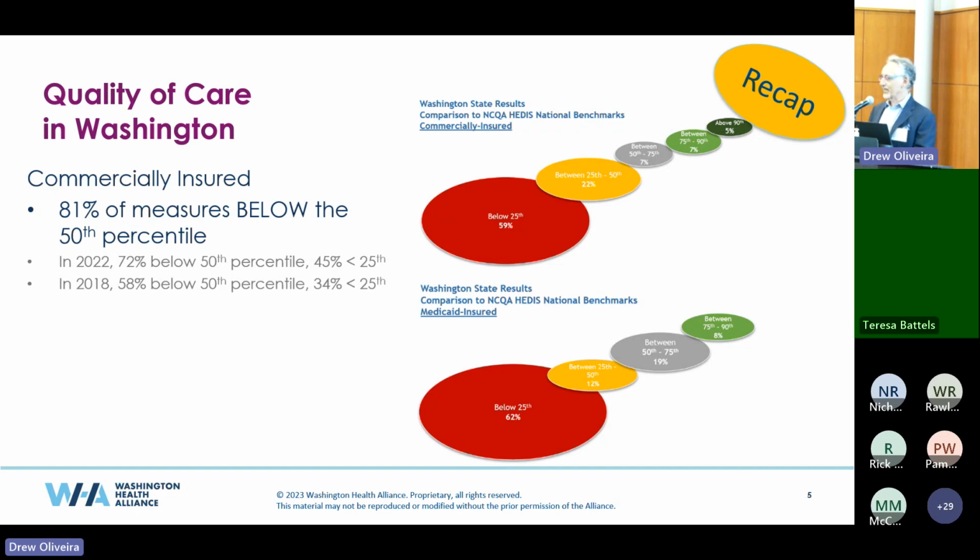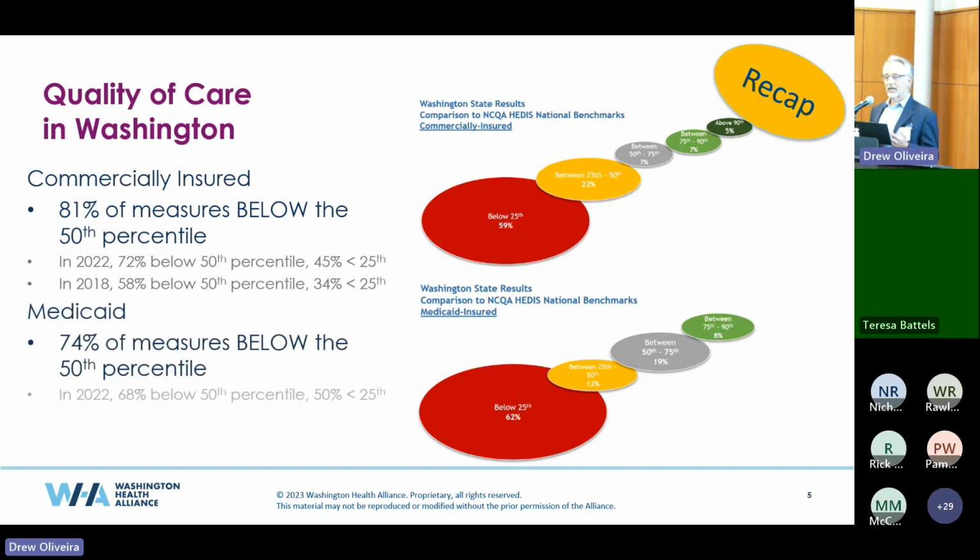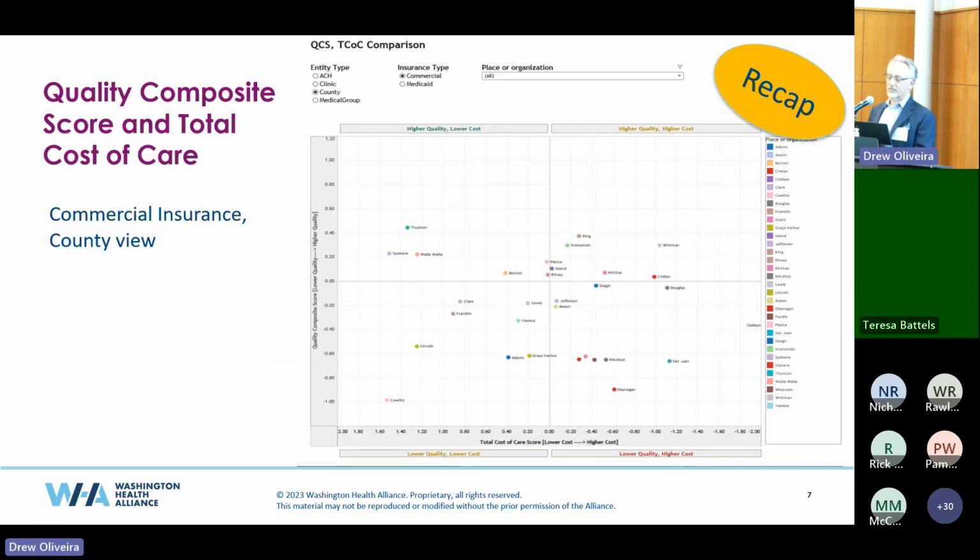On the commercial side, 81% of our measures are below the 50th percentile. Medicaid is doing a little bit better, a little bit more consistent, but still there's room for improvement in those areas. And the real question that I think the group wants to start tackling is, why would that be? Why do we see those discrepancies there? What is driving some of those pieces?